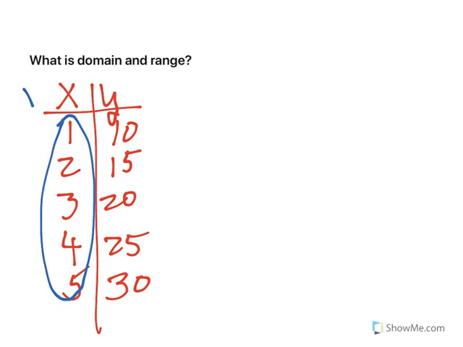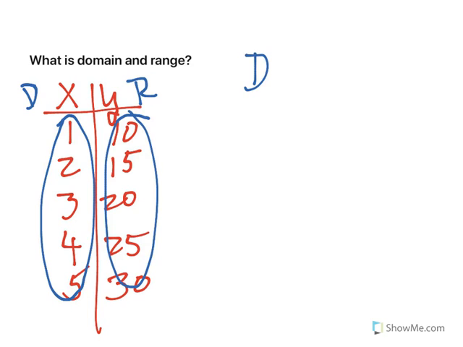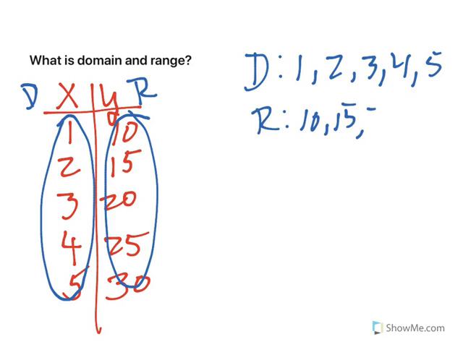Okay, that's the domain. And the range are these points, or these values. So if you're writing them, you say domain is 1, 2, 3, 4, 5. Range is 10, 15, 20, 25, 30.